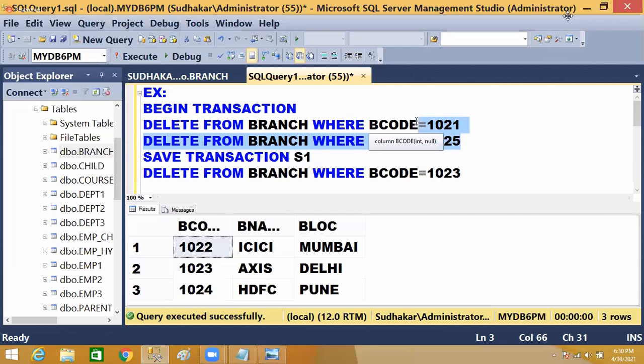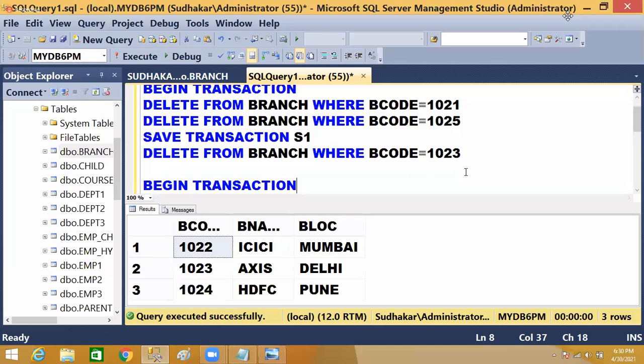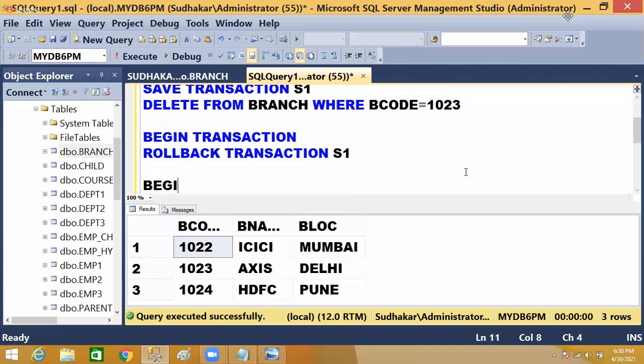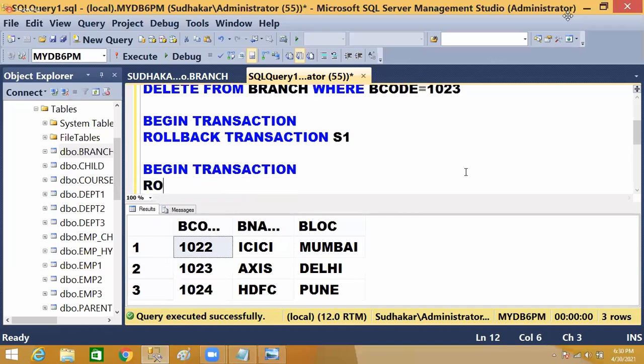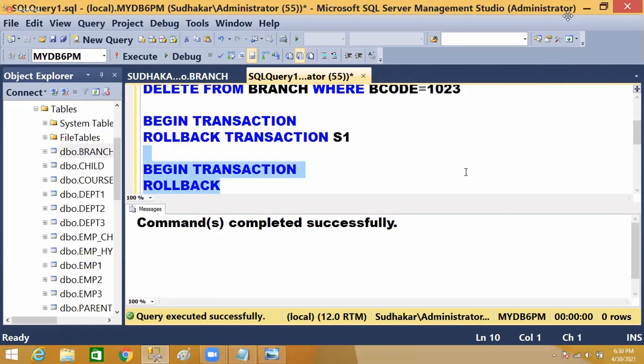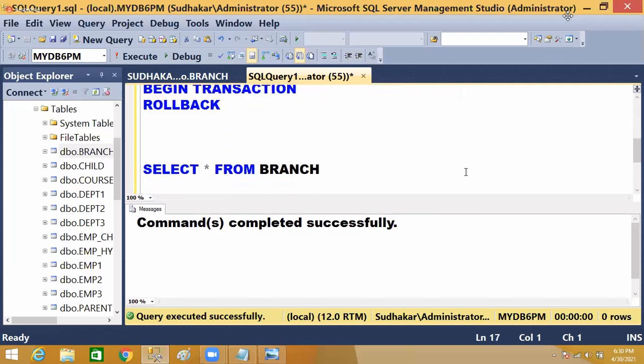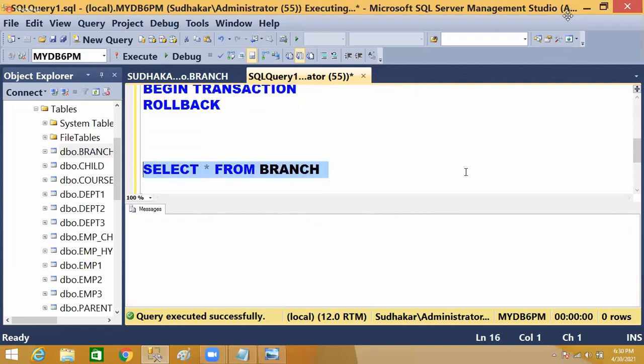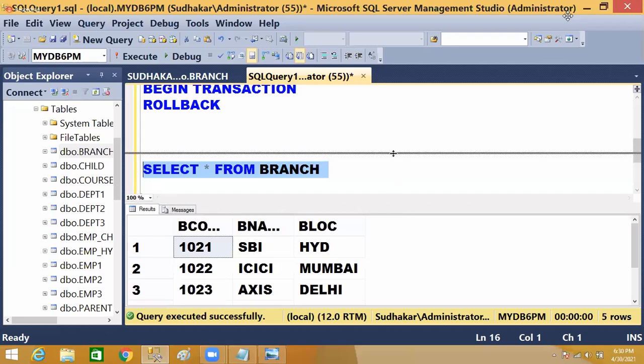Now suppose you want the remaining 2 records also. Then what do we want to use? Begin transaction. Simple rollback I'm using. Then what happened? Did the remaining 2 rows come into your table or not?